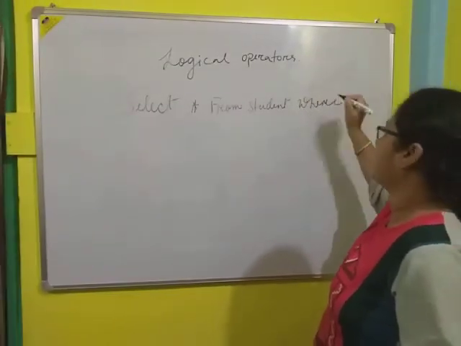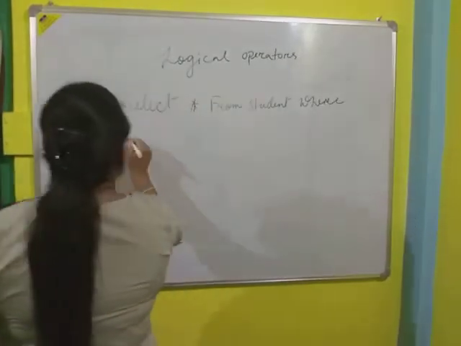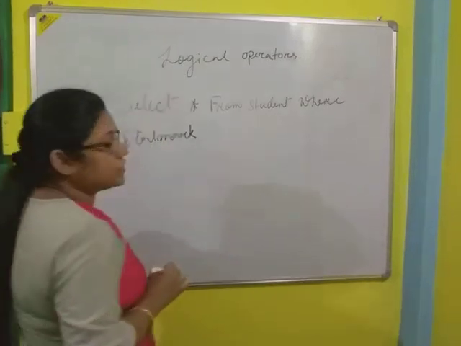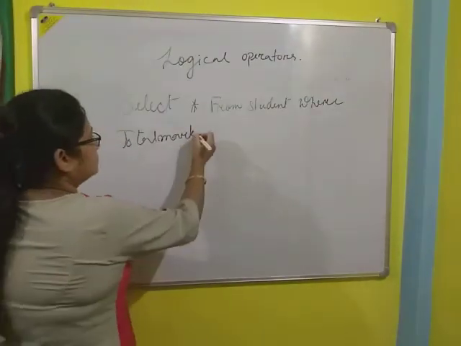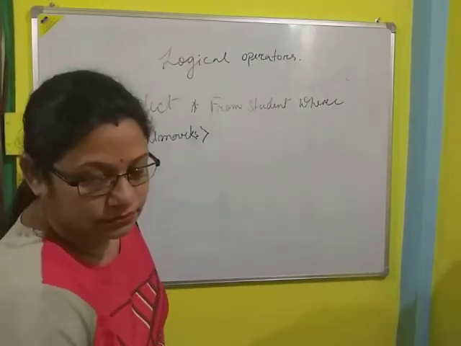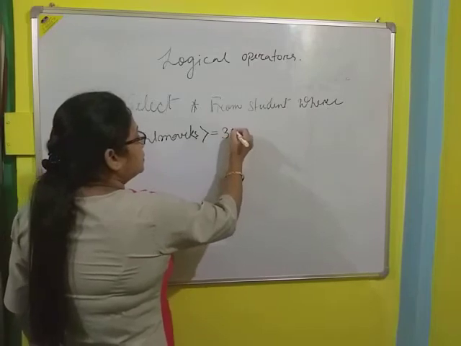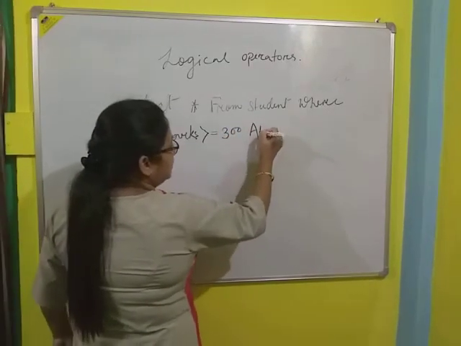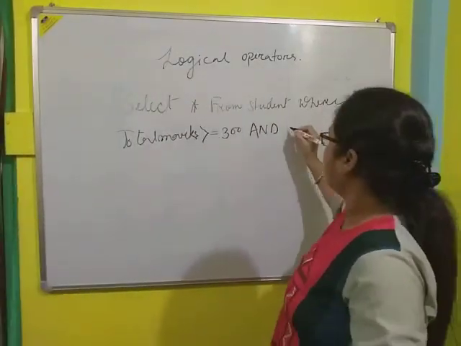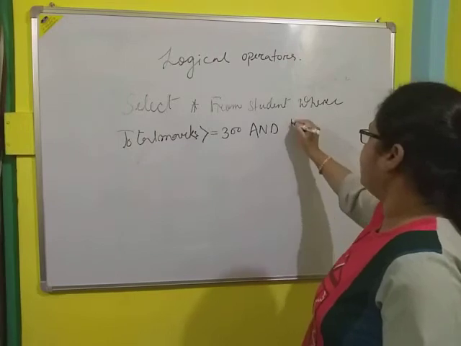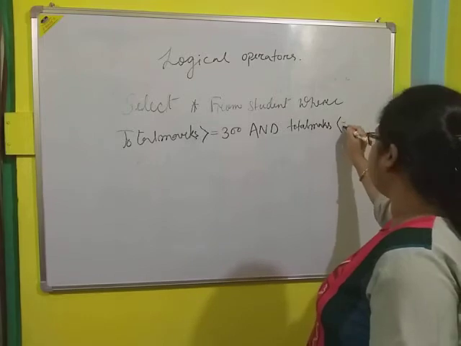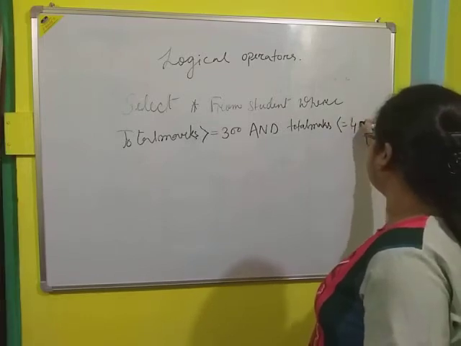where total marks greater than equal to 300 and, one more time write down the field name, that is total marks less than or equal to 400.